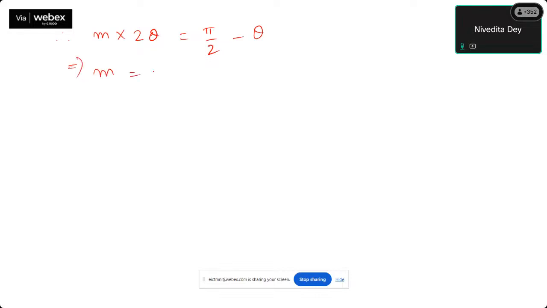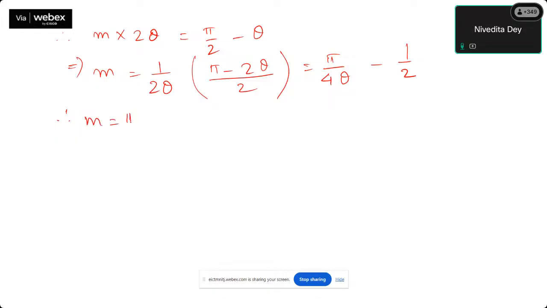Calculate. So m is 1 by 2 theta into pi minus 2 theta by 2, which is pi by 4 theta minus half. So you can write that m is pi by 4 into 1 by theta minus half.